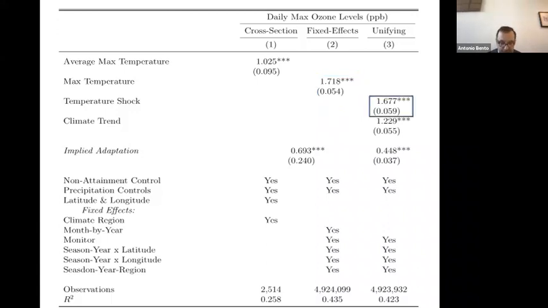Now, interestingly, when we apply our unified approach, the first thing that we note is that, by the properties of the Frisch-Waugh theorem, the estimates on the temperature shock are going to be similar to the ones that you've recovered from the fixed effects approach.